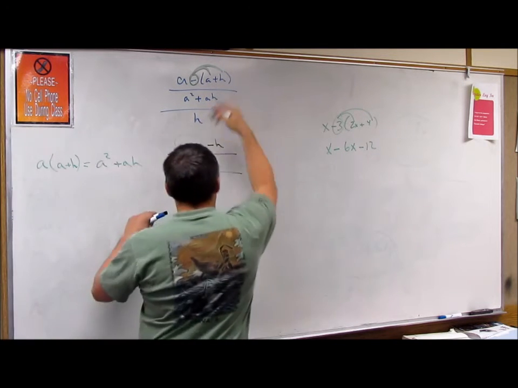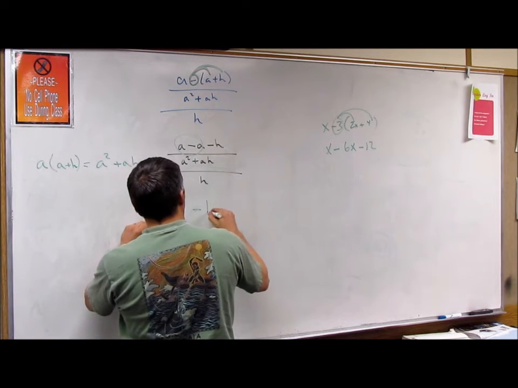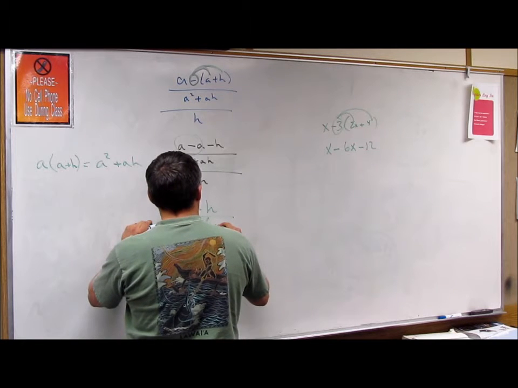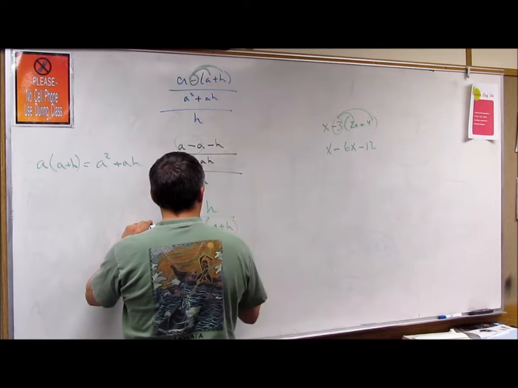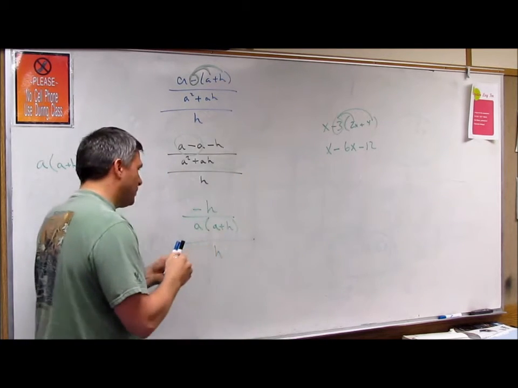So then I have minus h all over a times a plus h, all over h.